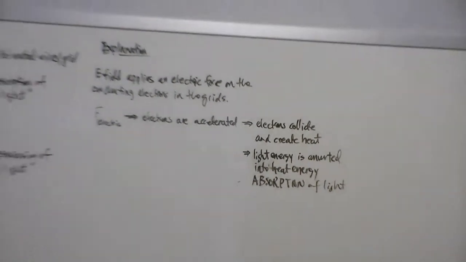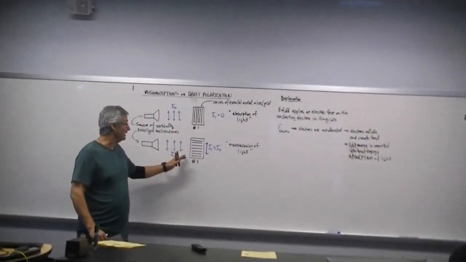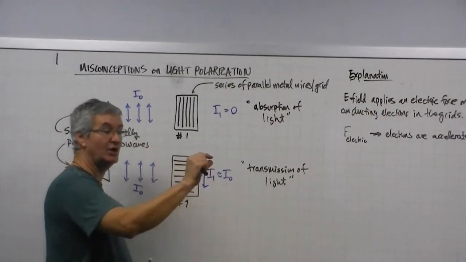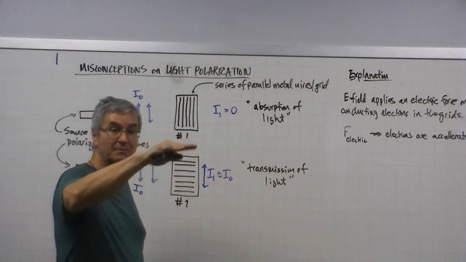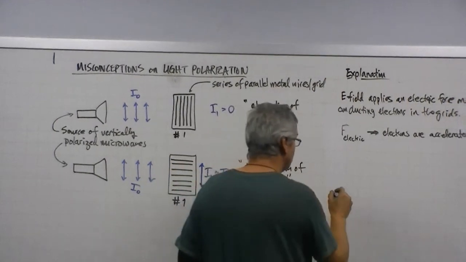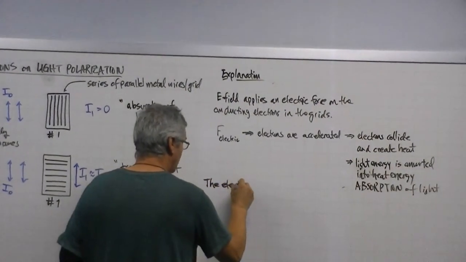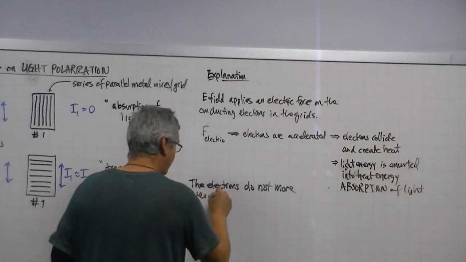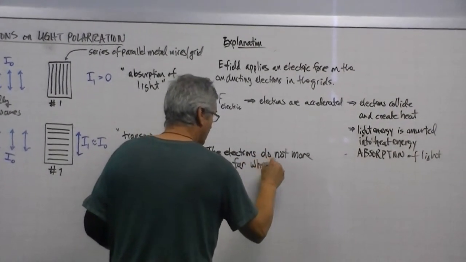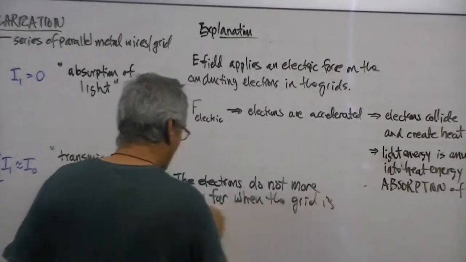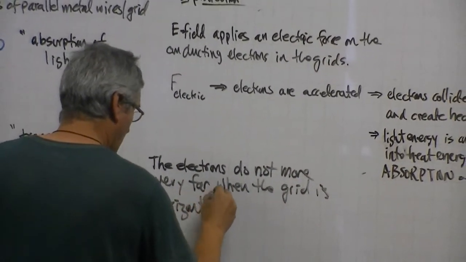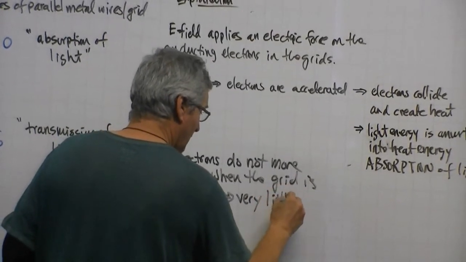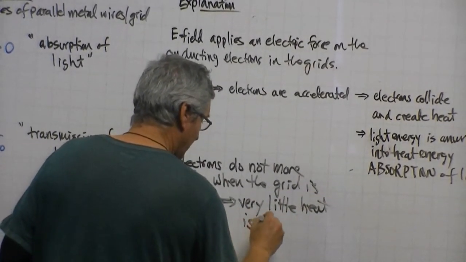On the other hand, if I look at this vertically polarized light on this horizontal grid, the grid cannot move the electrons too much because the wires are thin enough that the electrons cannot move very far. So the electrons do not move very far when the grid is horizontal, and this implies that very little heat is generated.